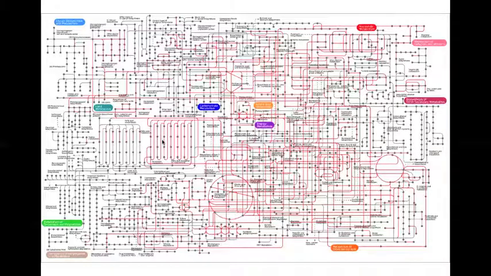Over here are molecules involved in putting things together to make fats. Other molecules are over here taking things apart to break apart fats. So this particular diagram shows about 600 different kinds of molecules and 600 enzymes to do this conversion.